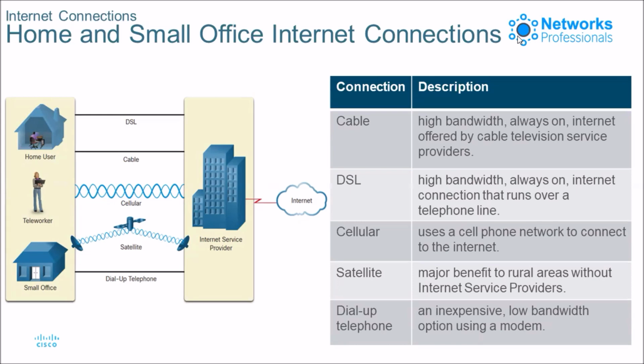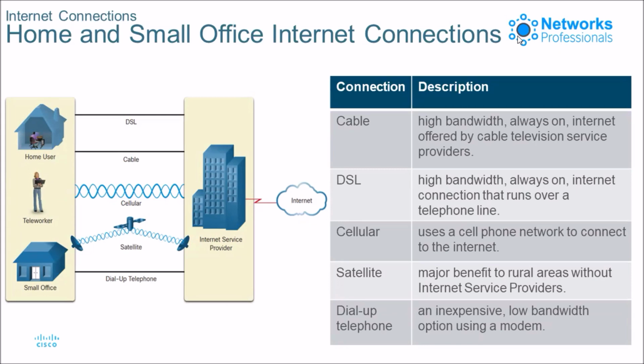Cellular. Cellular internet access uses a cell phone network to connect to the internet. Whenever you can get a cellular signal, you can get cellular internet access. Its performance is limited by the capability of the phone and the cell tower to which it is connected.